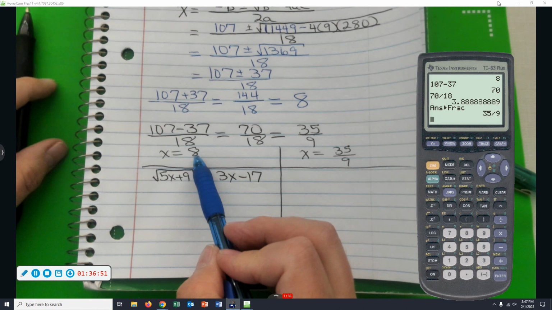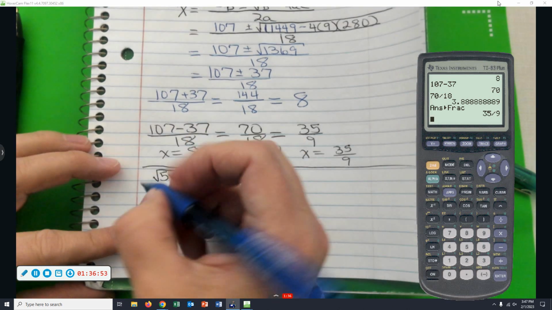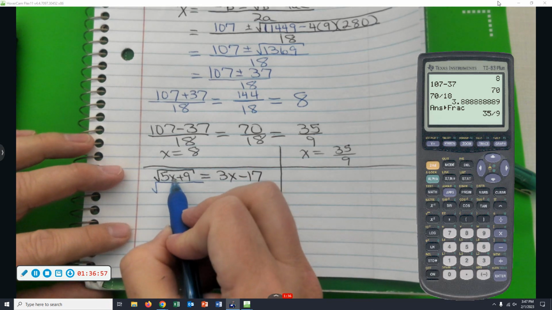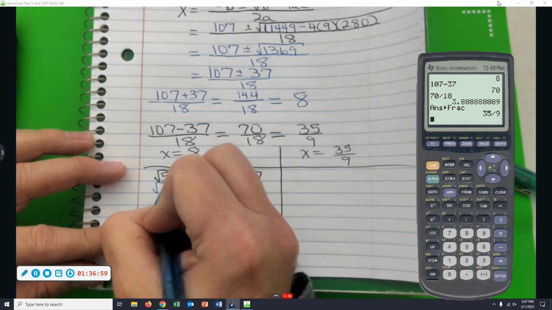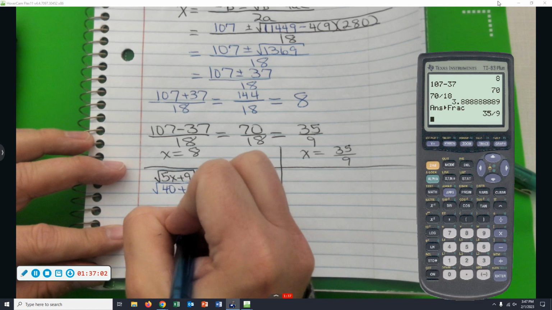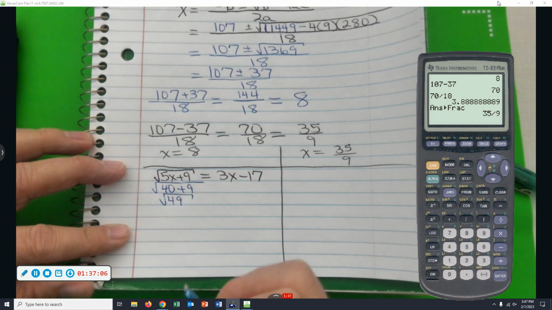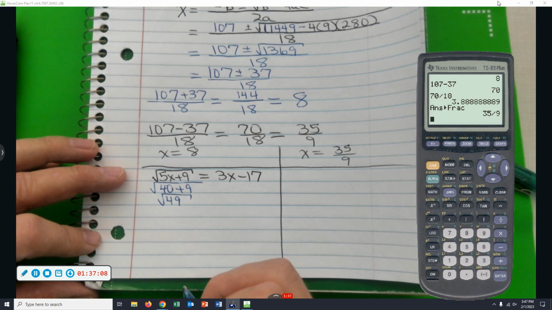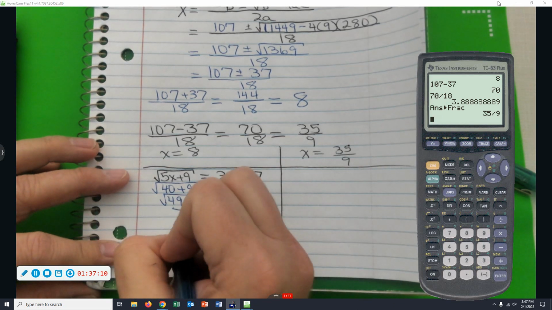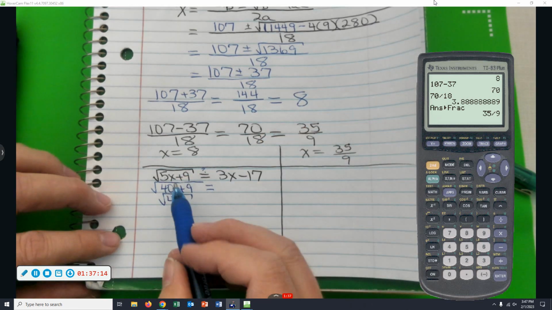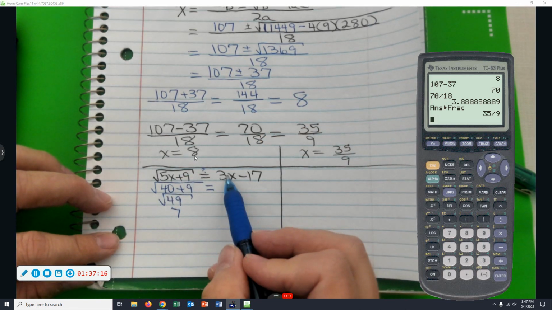We're plugging in 8. That says the square root of 5 times 8 is 40, plus 9. That's the square root of 49. What's the square root of 49? 7. Are we going to get 7 on the right side? That's the question. Will the left side equal the right side?